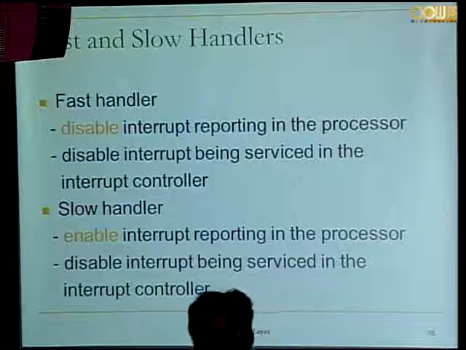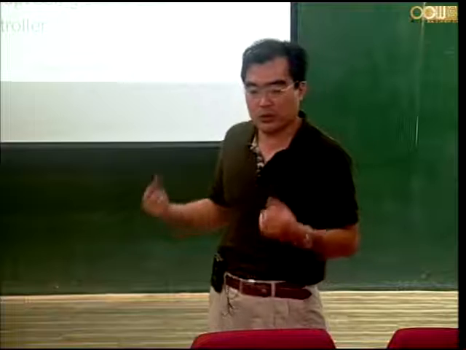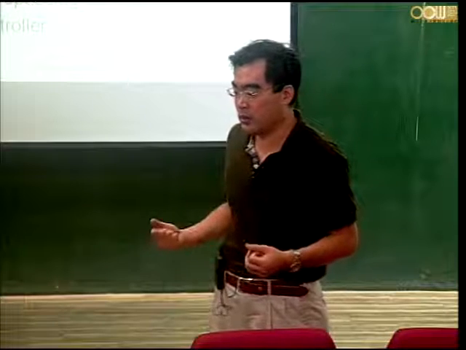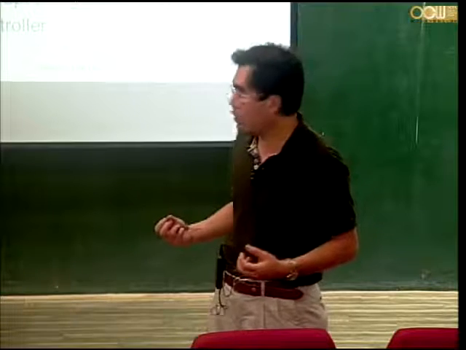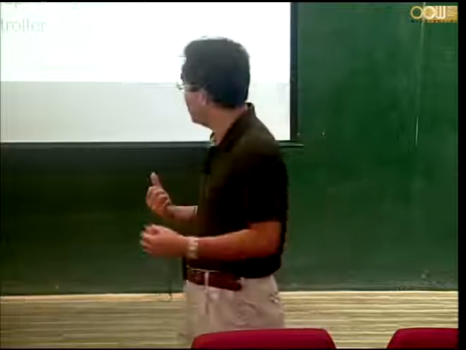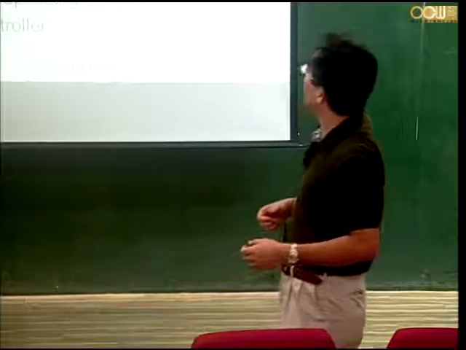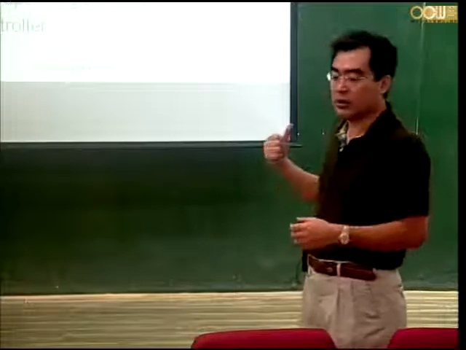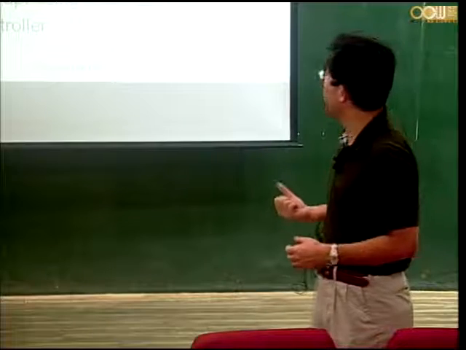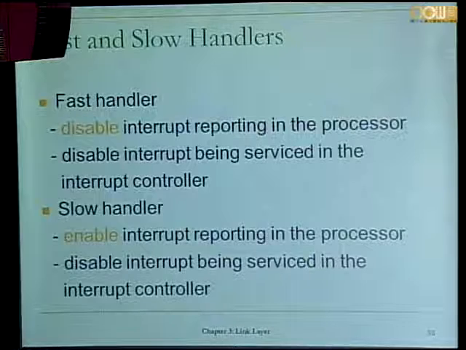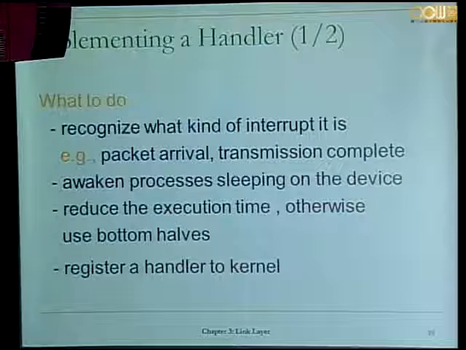However, for PPP, because the driver does a lot of protocol processing, you would put it into the slow handler. You would need a fast handler and also the slow handler in the case of PPP implementation. Okay.